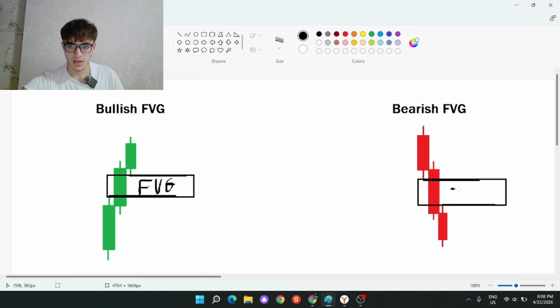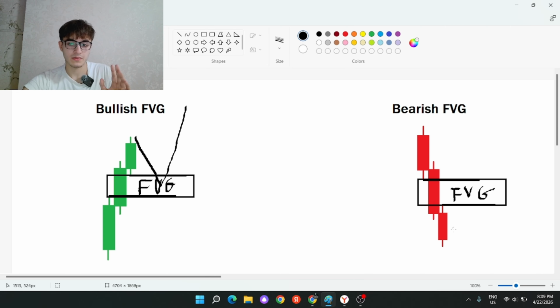Right here is the same thing. So what are we waiting for right now? We're waiting for the price to come to this zone and then give us a reaction.